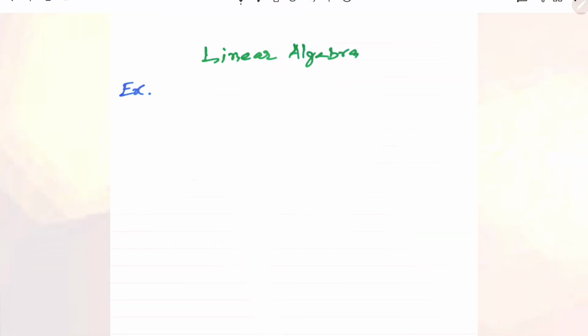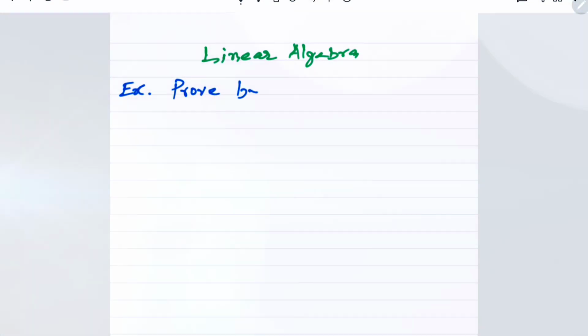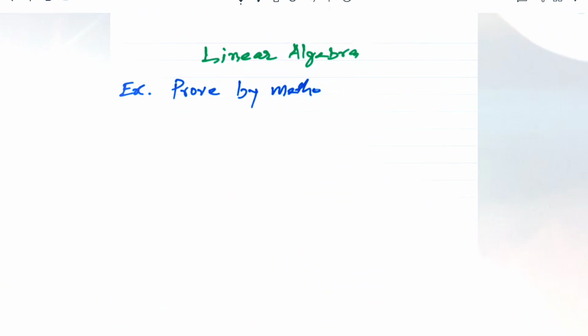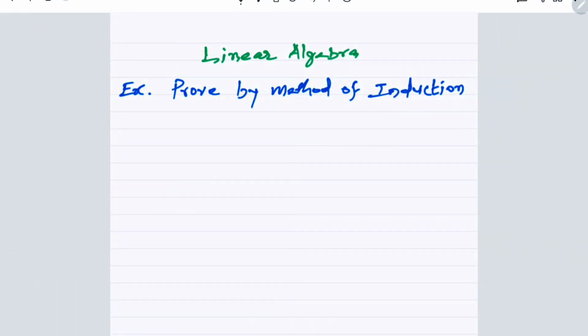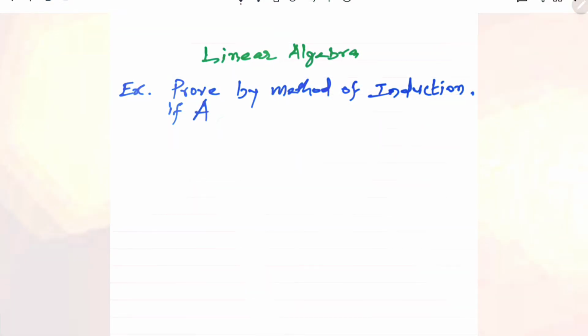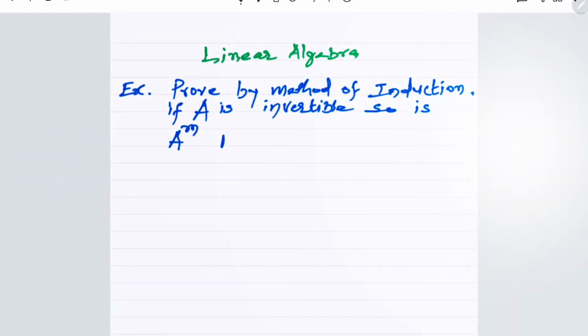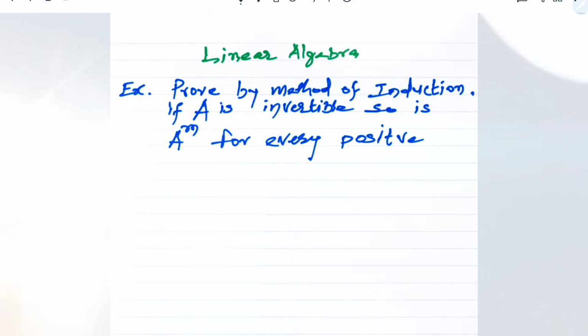Example. Prove by method of induction: if capital A is an invertible matrix, so is A raised to m for every positive integer m.